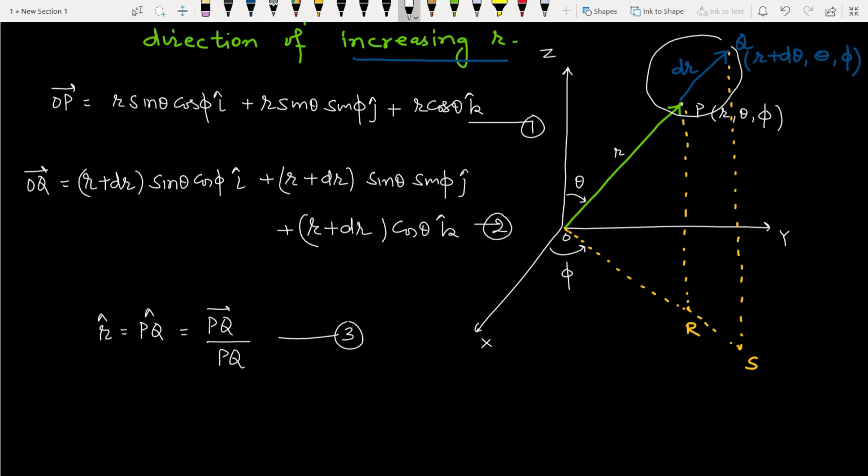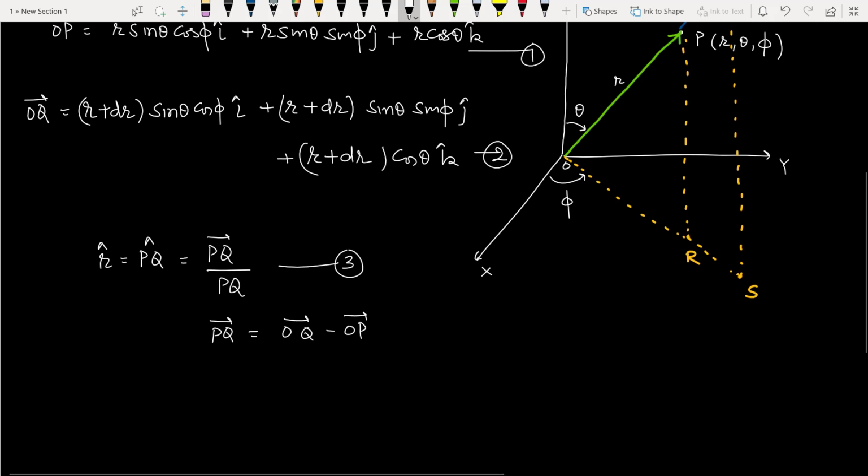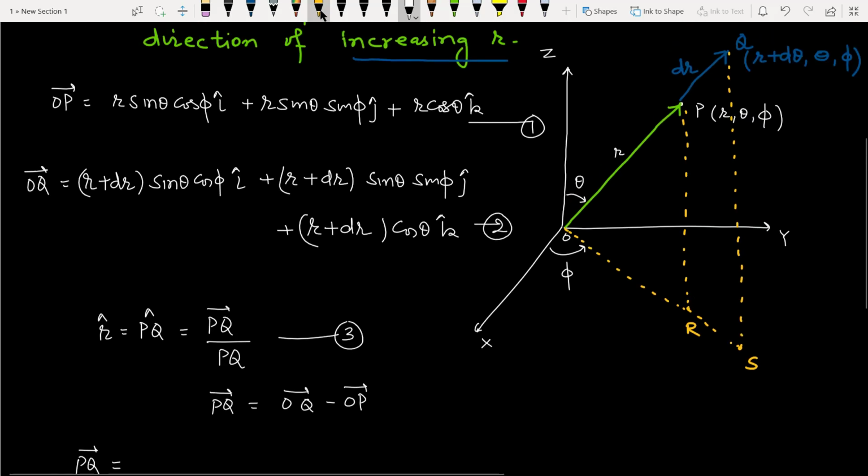Very easily I can find the value of PQ vector from the diagram. It can be found as OQ vector minus OP vector. So both the values are given. When we subtract the two, here r sin theta cos phi i cap, and here r into sin theta cos phi i cap.